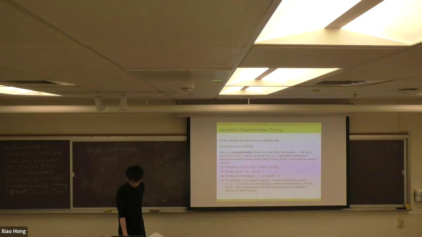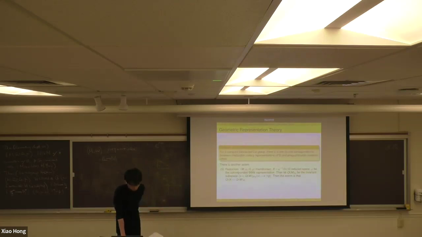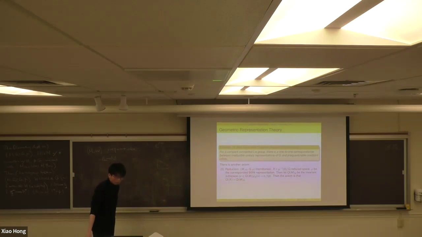The Borel-Weil theorem is a nice illustration of this functoriality axiom, and Kostant has a nice formulation of that. Here it is. For a compact connected Lie group, there's a one-to-one correspondence between the irreducible unitary representations of the group G and the pre-quantizable coadjoint orbits.